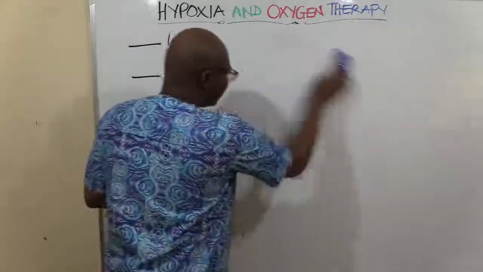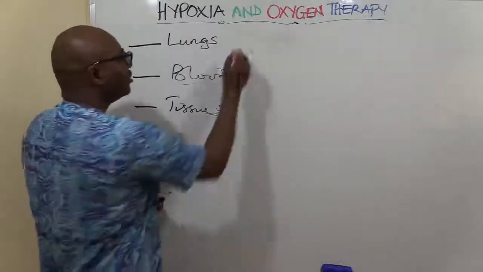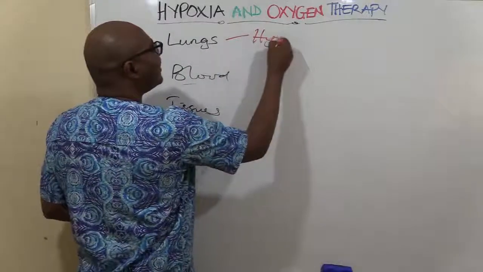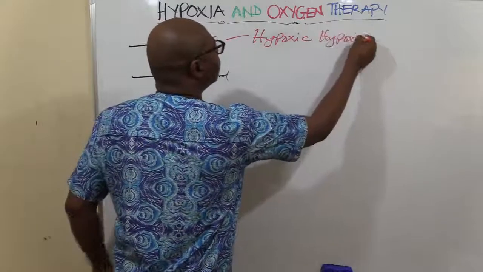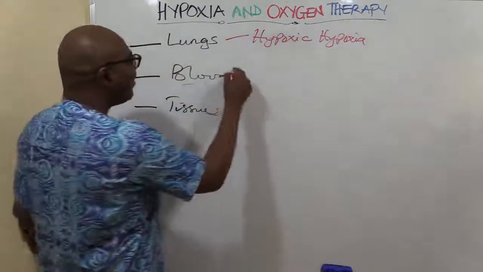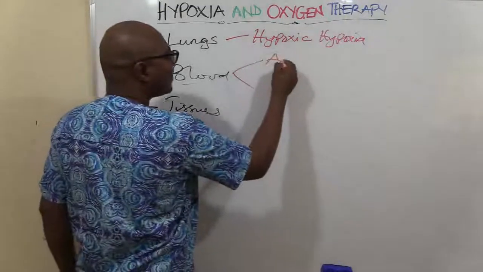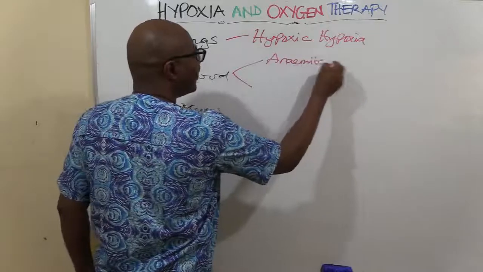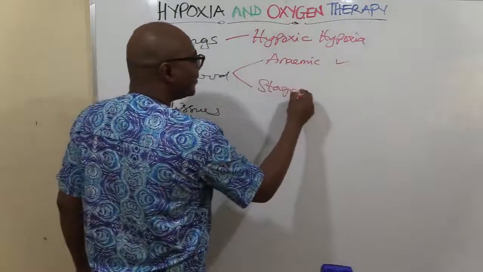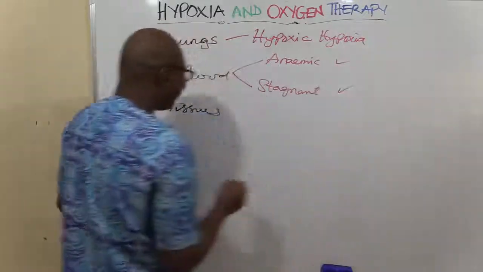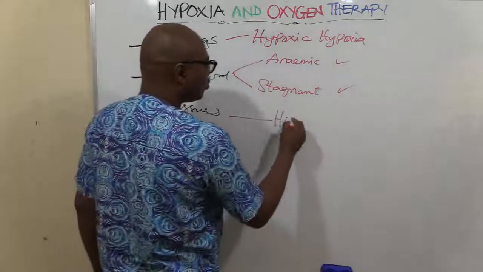When the lungs are affected, we call it hypoxic hypoxia. Then the blood has 2 types. You have anemic hypoxia. Then you have what is known as stagnant hypoxia. We'll explain all of that. Then at the tissue level, you have what is known as histotoxic hypoxia.